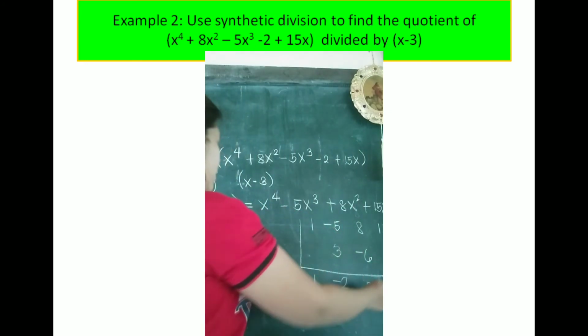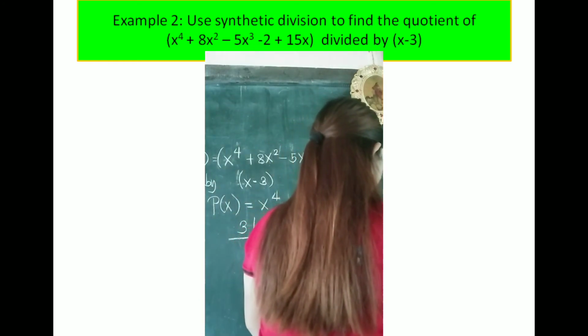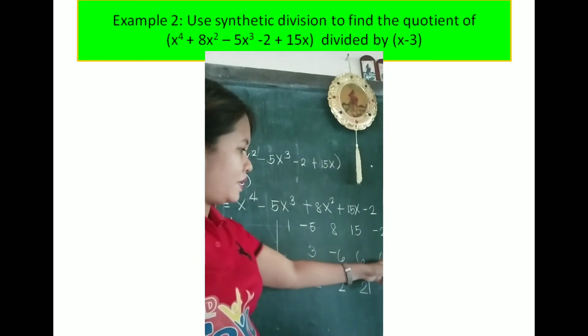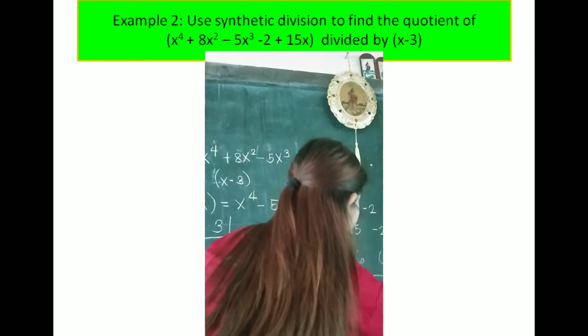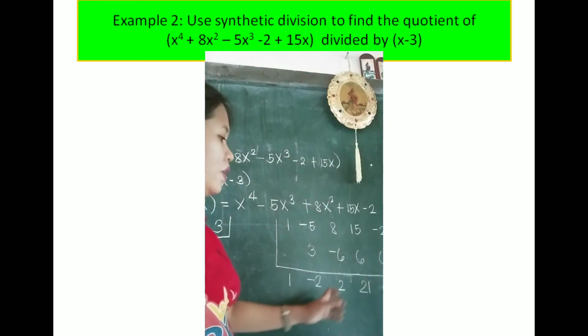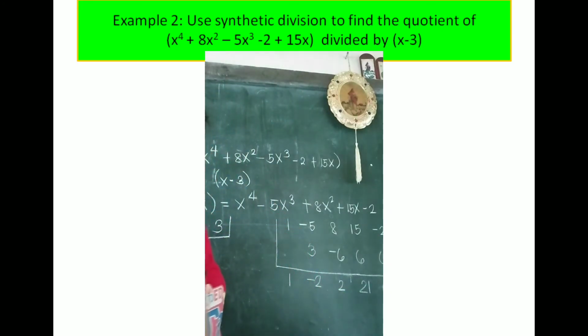21. 21 times 3 is, what is 21 times 3? That is 63. Add negative 2 plus 63 is positive 61. So again, your third row gives us the quotient and the remainder.